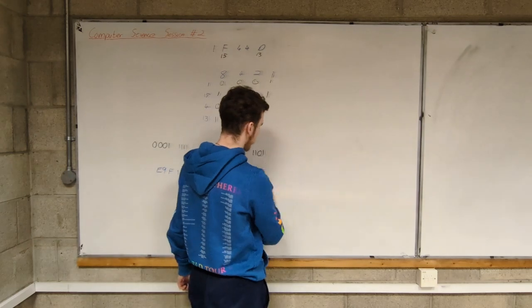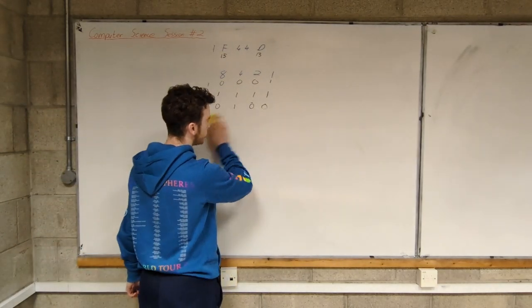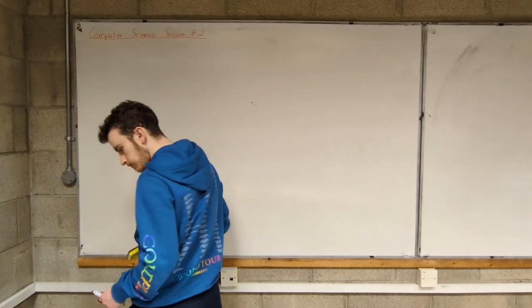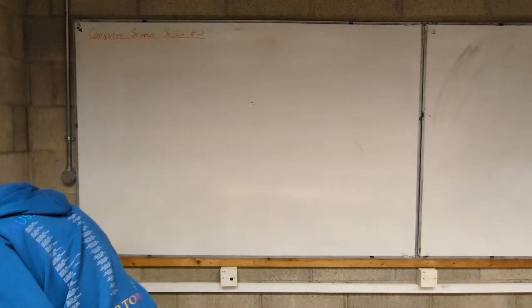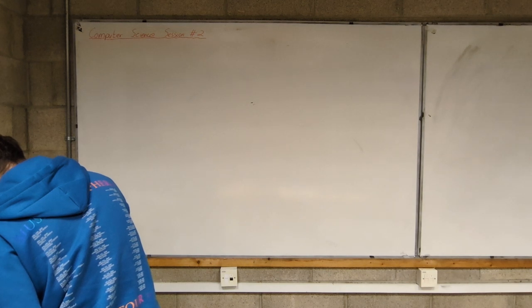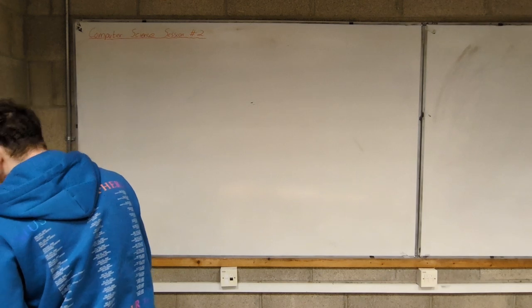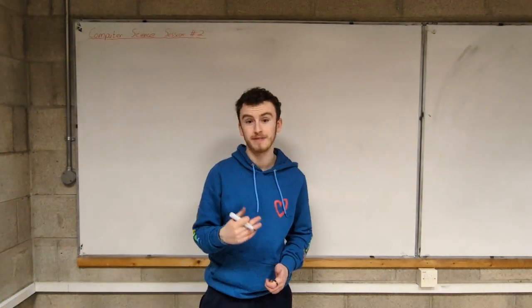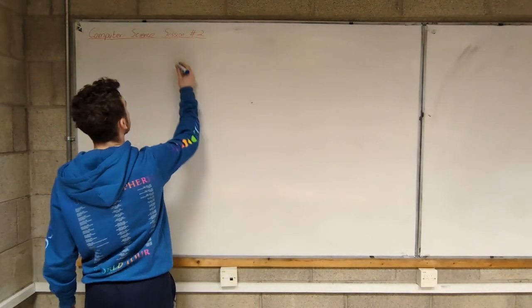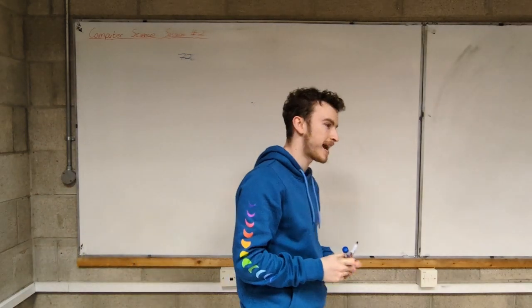So, the last conversion then is going from decimal to hexadecimal. So, the number 72 in hexadecimal.